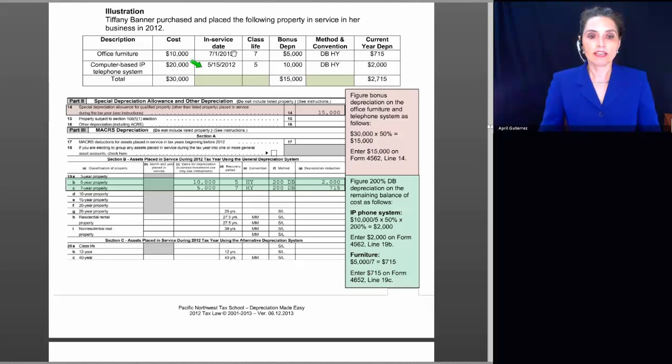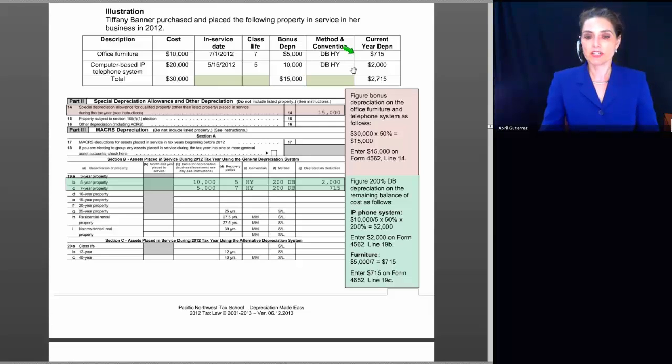So we're going to take $5,000, which is 50% of $10,000. We're going to take $10,000, which is 50% of $20,000. We add those two numbers and we get $15,000. $15,000 is the amount of bonus depreciation that Tiffany will claim on her return. She then does 200% declining balance under the half-year convention for the remaining cost of the assets.